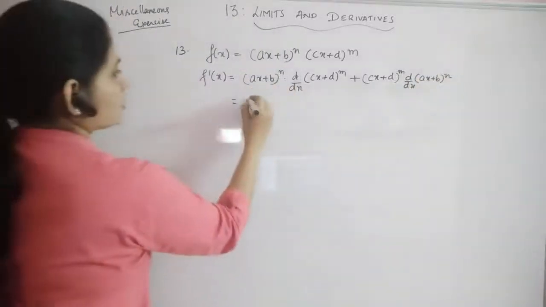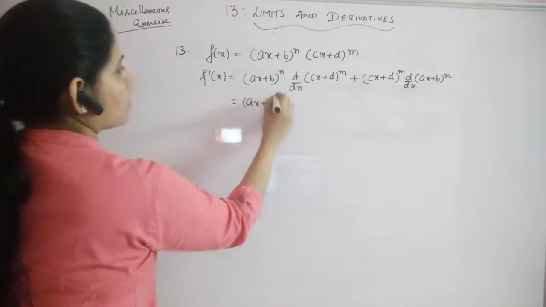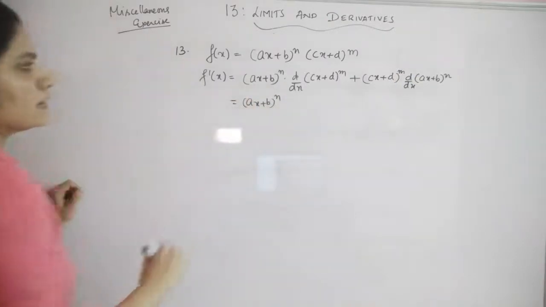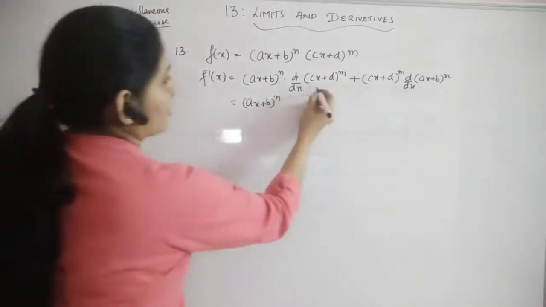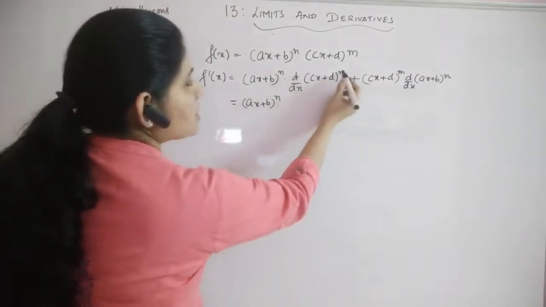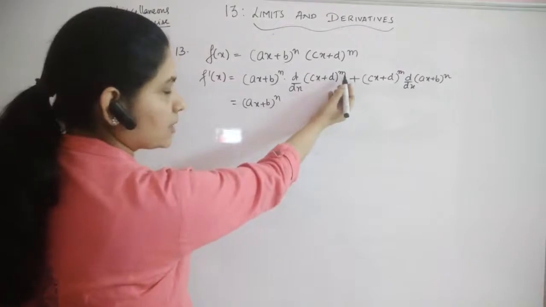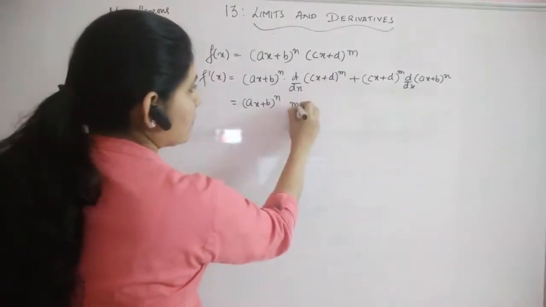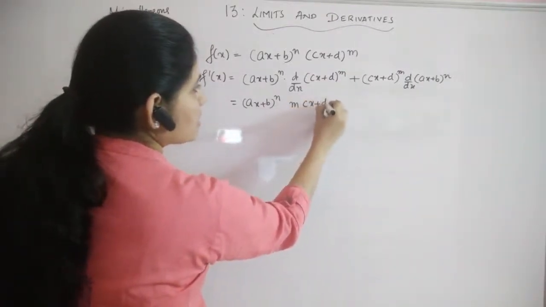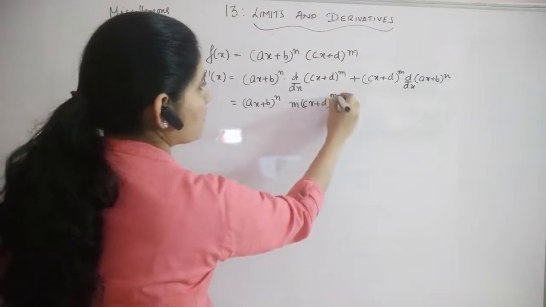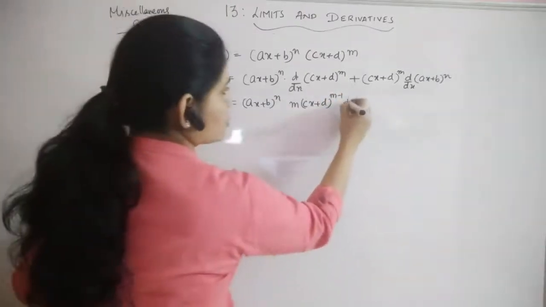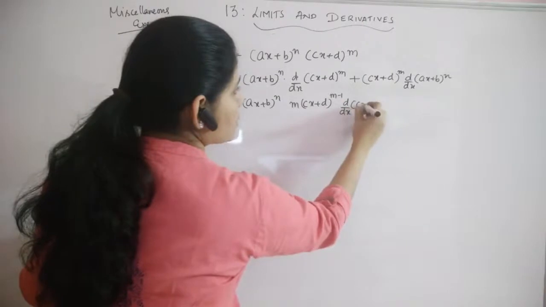Okay, now this will give you ax plus b the whole raised to n into, now derivative of cx plus d the whole raised to m will give you, again you have to apply x raised to n concept. So you will get m into cx plus d the whole raised to m minus 1 into derivative of cx plus d.